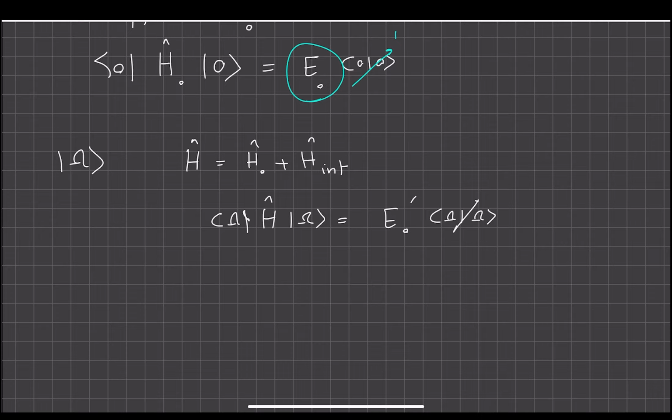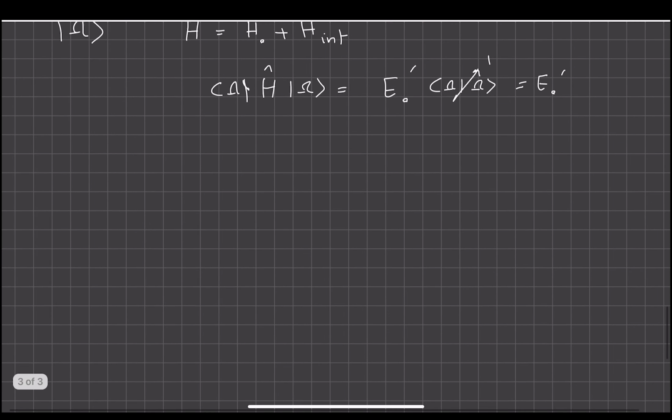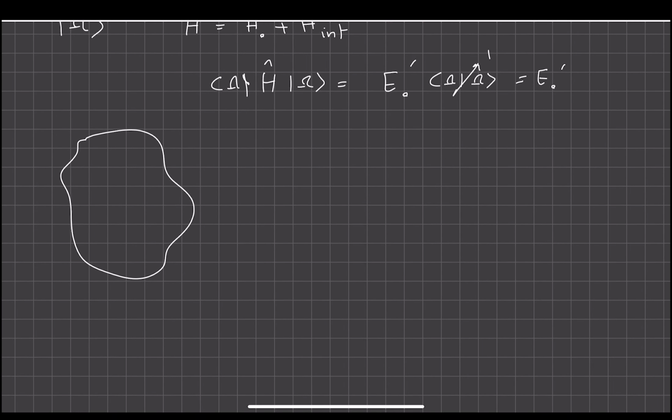And then again, by defining this normalization, the inner product should be only equal to E0 prime. E0 prime should go to E0 when the interaction goes to 0. So omega now is something else, some other vector.